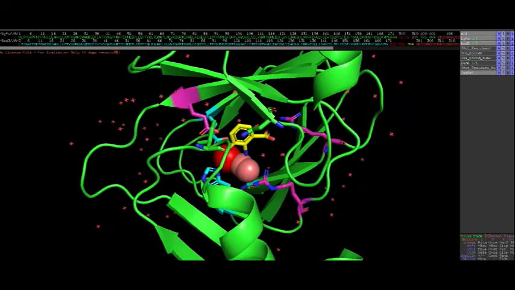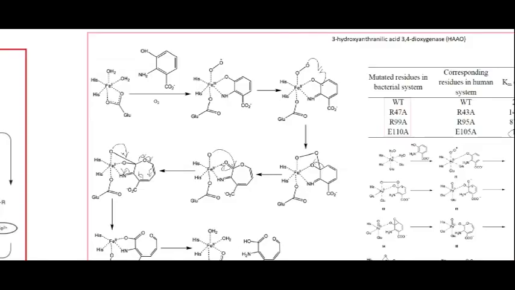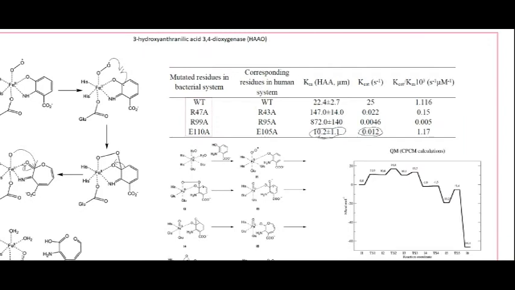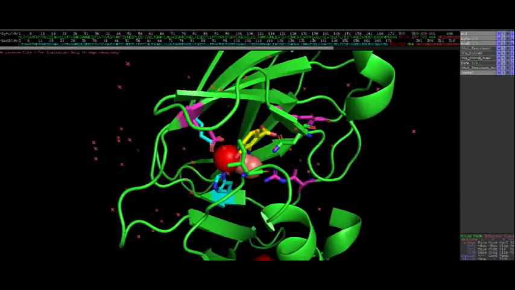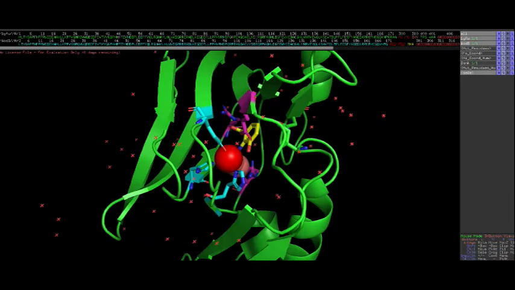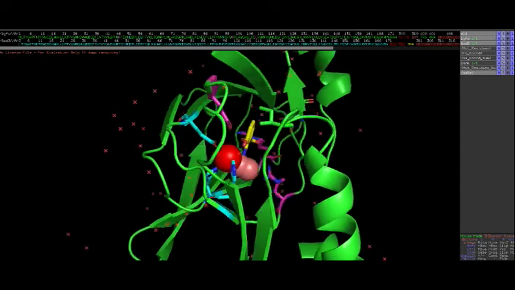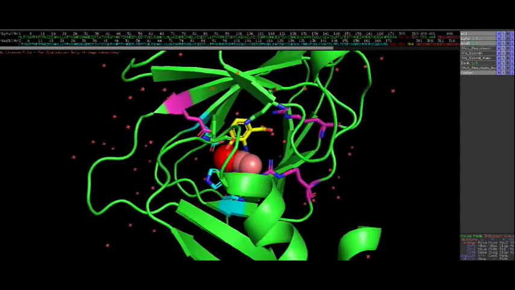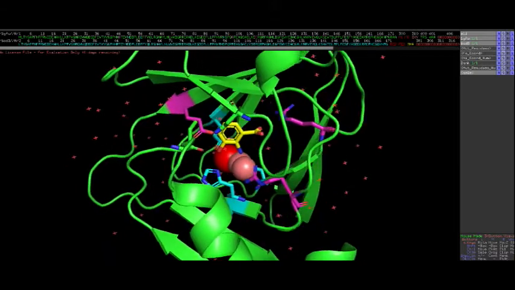I have in purple the residues that they mutated for these kinetics here, and it looks like this aspartate is being brought in close to the iron, so that might be coordinating with the iron. It might be coordinating with this histidine here.